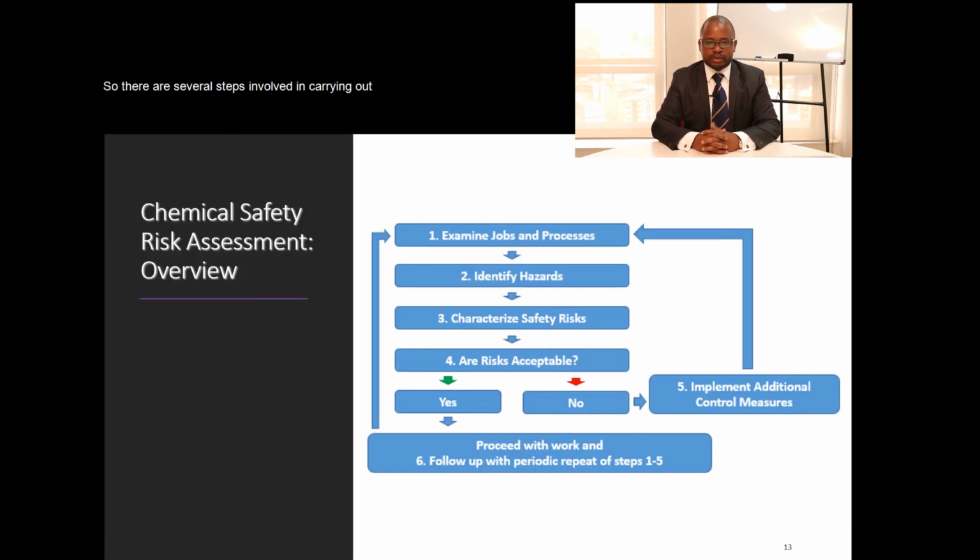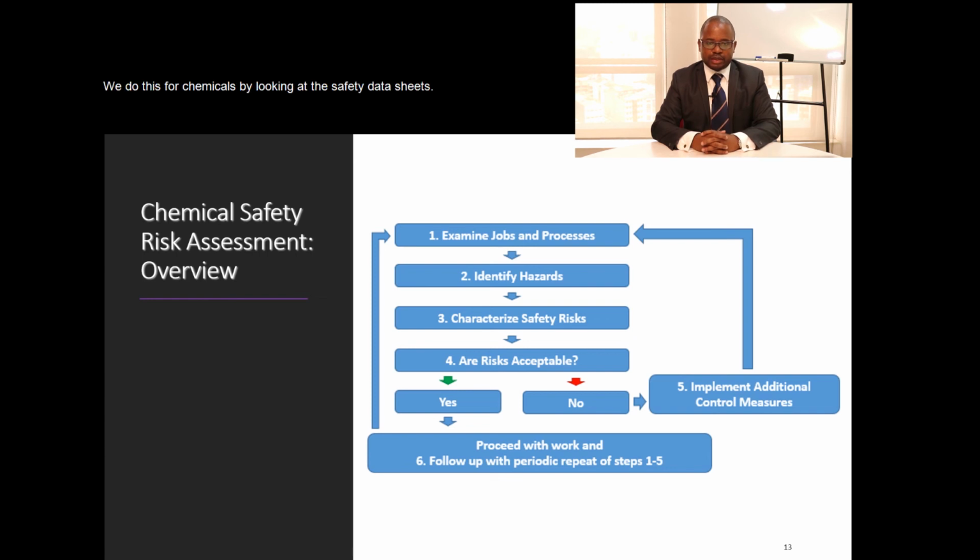So there are several steps involved in carrying out a chemical safety risk assessment. And these include, number one, examining the processes that are involved in a given job. Number two, identifying the hazards. What are the potential hazards?